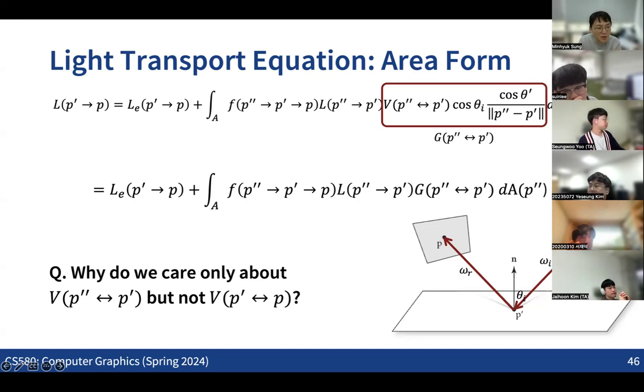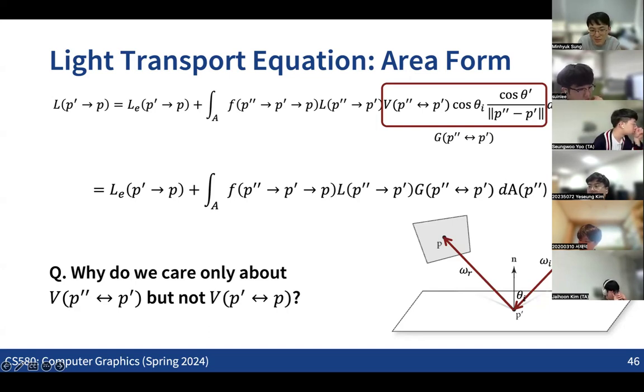We will have another first intersection point, and we will calculate the reflection at that point, right? So obviously, if we are calculating the reflection at P prime in the direction of P, it means that P prime was the first intersection point from P when we do ray tracing, which means that there was no occlusion.